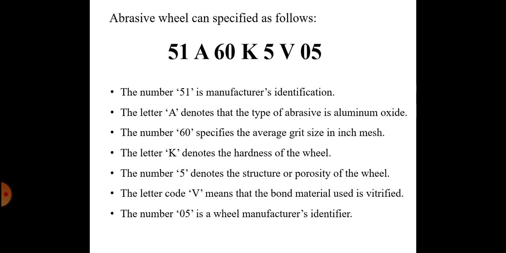Then the letter V means that the bond material used is vitrified. Then the last number, 05, is the wheel manufacturer's own identifier.